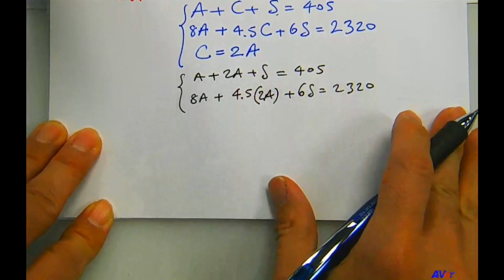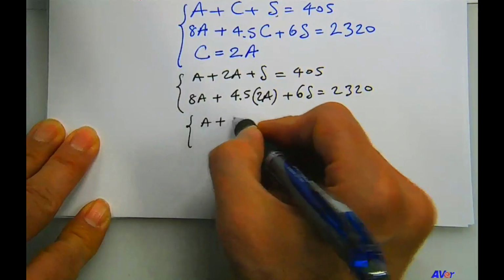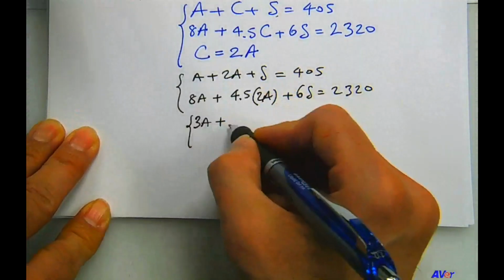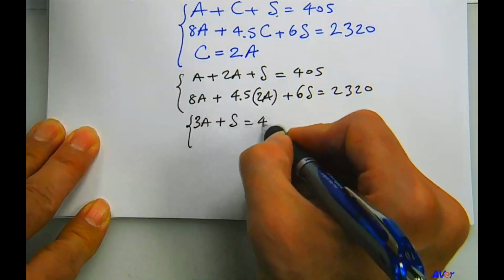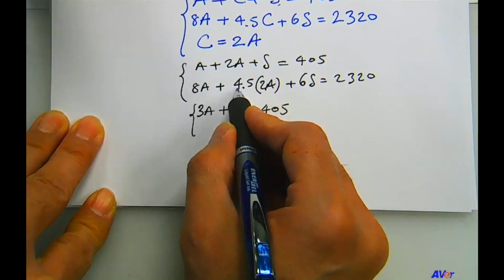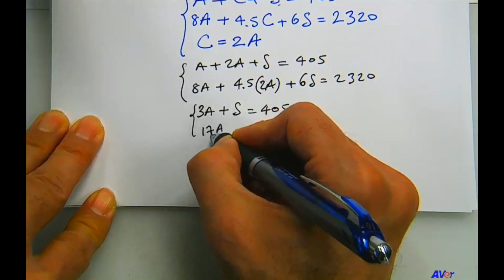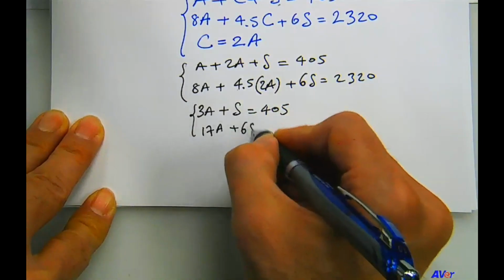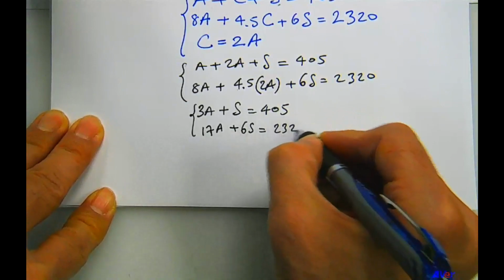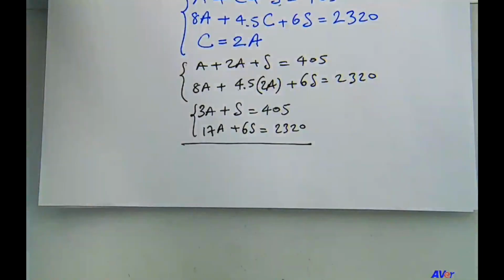Now let's simplify this. We have A plus 2A, that is 3A, plus S equals 405. This 8A, that's 2 times 4.5, that's 9A plus 8A, that's 17A, plus 6S equals 2,320. So now we have two equations, two unknowns.